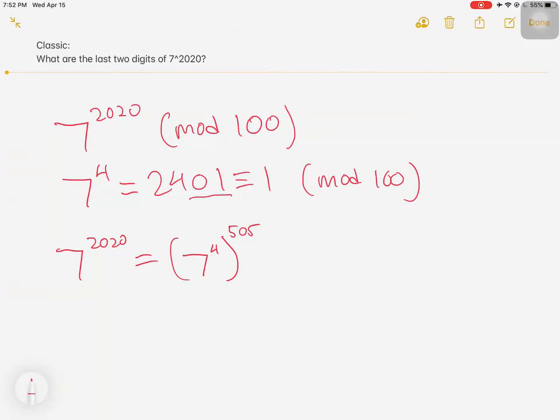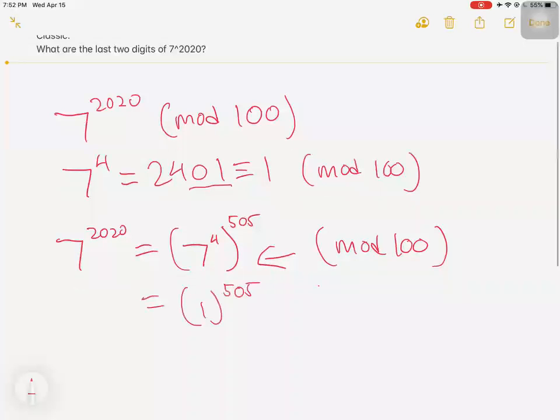Okay, and from the property before, we can replace this base number with any other number that's equivalent mod 100. And so once we discovered that 7 to the 4 is simply 1 mod 100, we can rewrite this as 1 to the power of 505 mod 100.